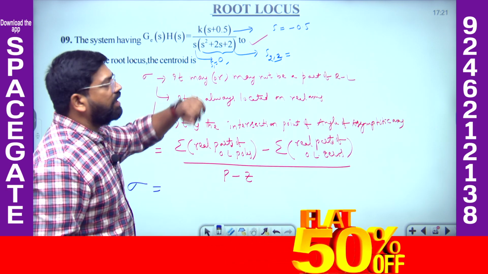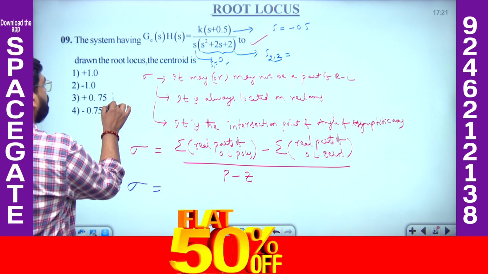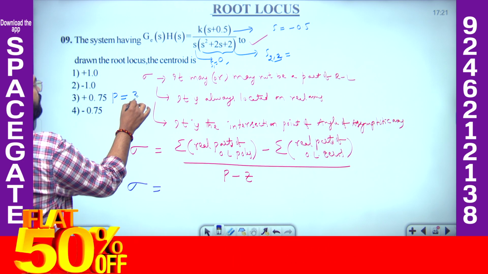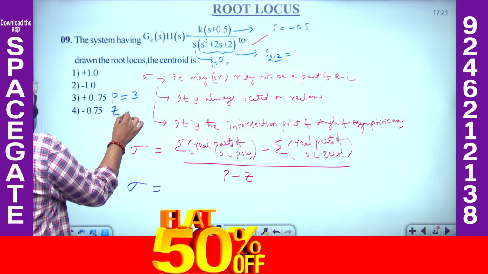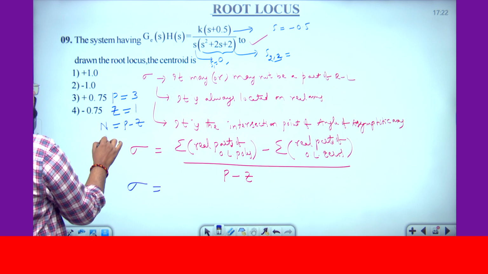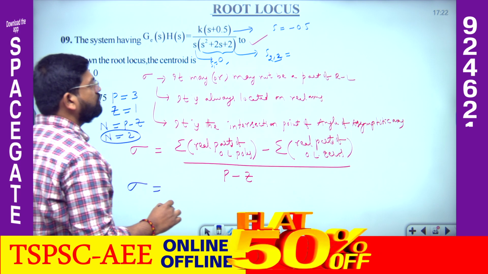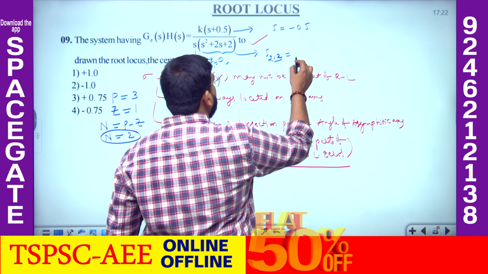Because here 3 poles and 1 zero are there. Got the point? So number of poles are how many here? 3 poles, and number of zeros how many here? Only 1. So n is equal to p minus z, so n is equal to 3 minus 1, that is 2.